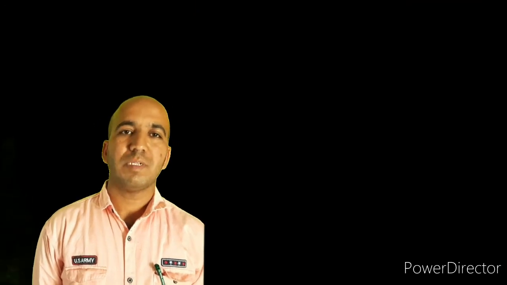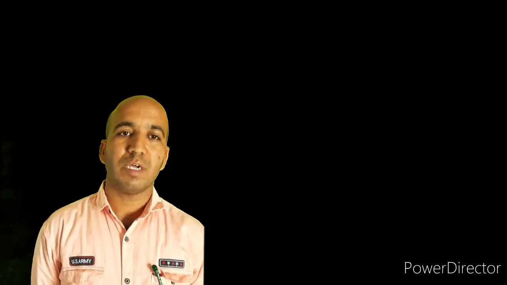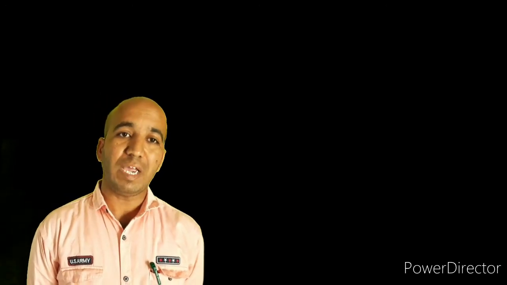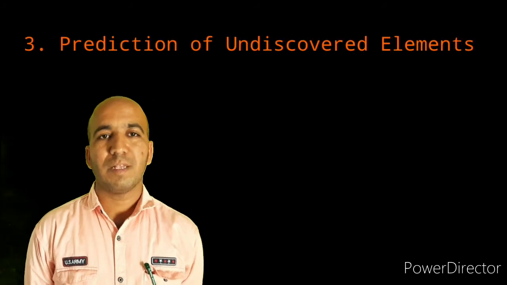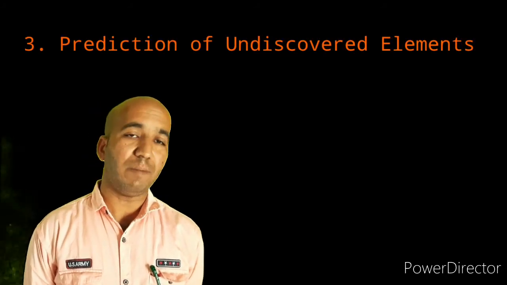the third one. So after discussing groups and periods, we next discuss the next important point, that is, he predicted a few elements which were not known at the time. That means prediction of new elements.